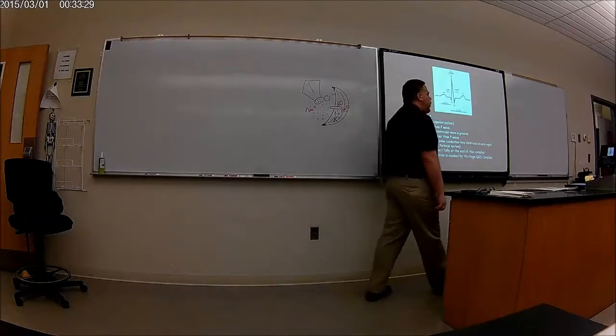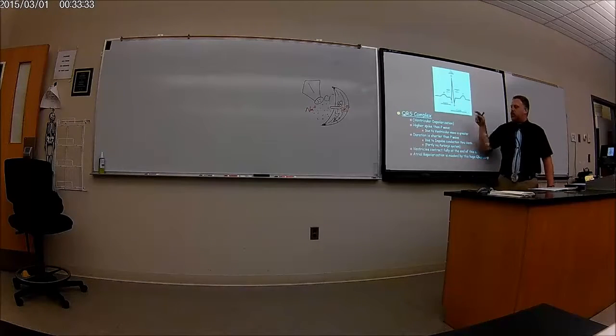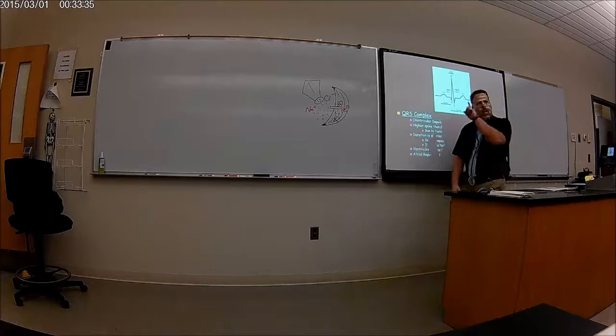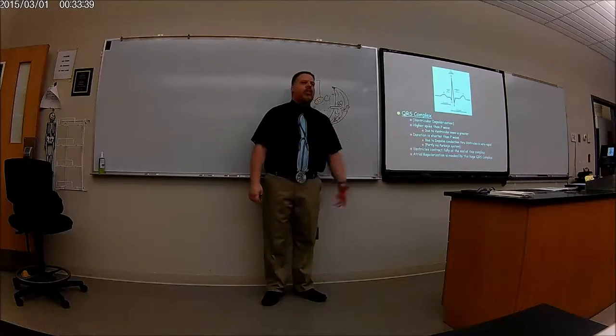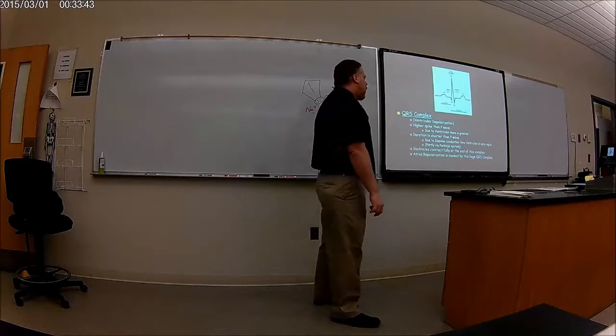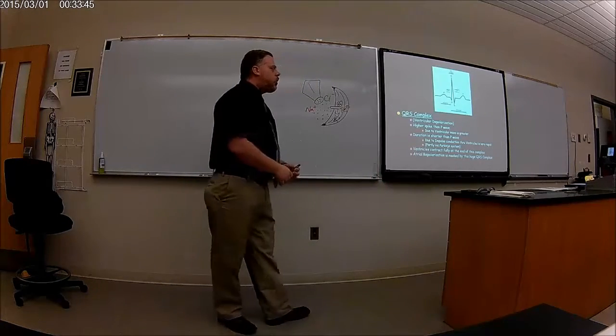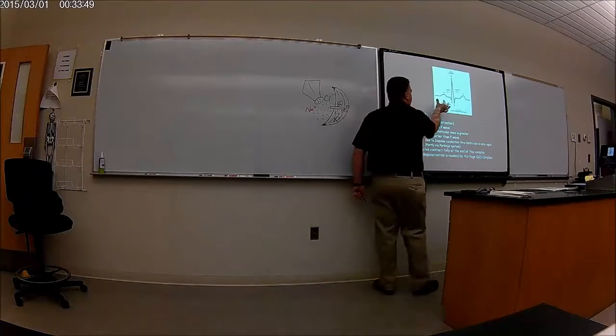Then you've got this QRS complex. It has a very high spike because the ventricles have a thicker wall than the atria. So it's much higher. Okay? This is going to be a short time compared to the P wave. The P wave is relatively wide.